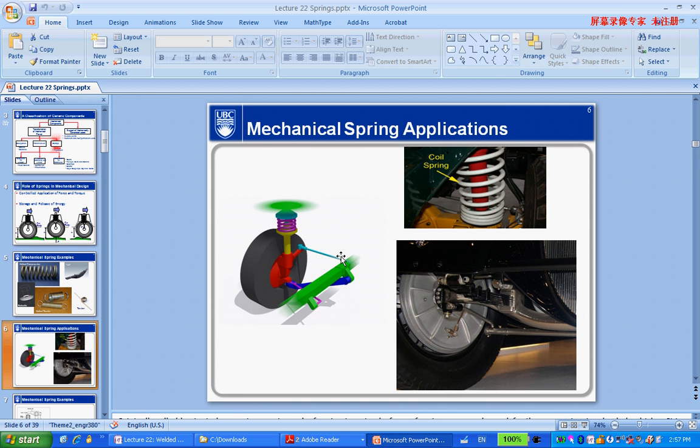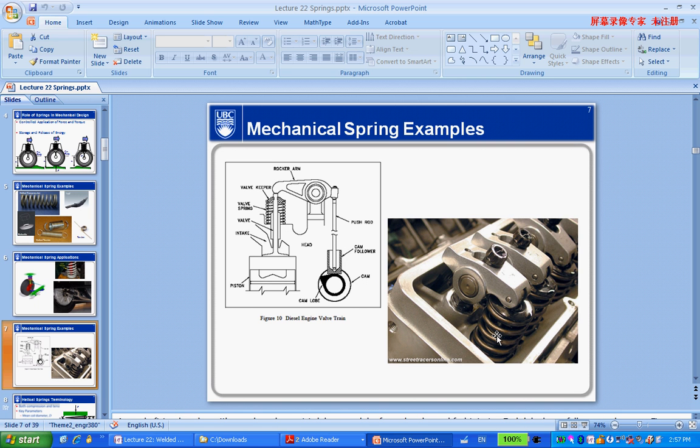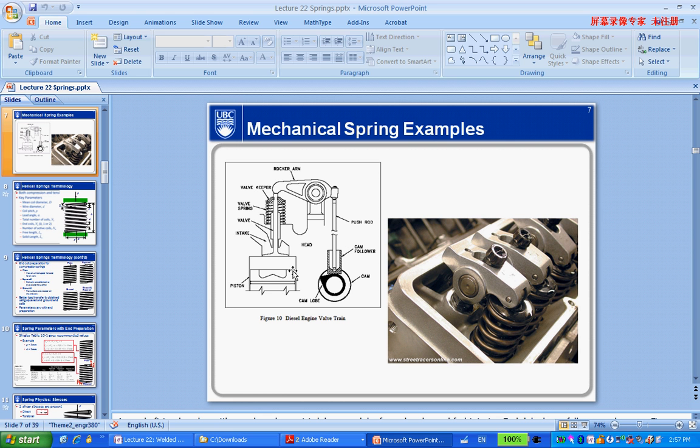So some other examples: suspension springs. This is the leaf spring there. Okay, and this is the coil, the helical compressive spring used in the engine, controlling the valves opening and closing. Right. So this is a crankshaft, and this is the cam.